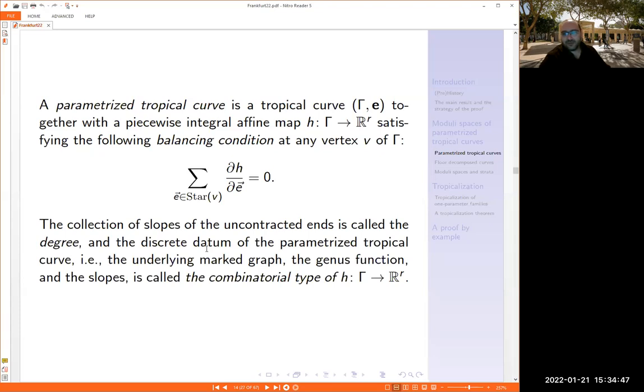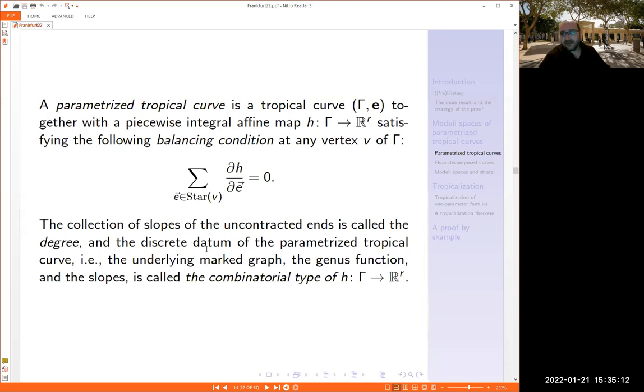And the discrete datum of the parameterized tropical curve is called the combinatorial type of the parameterized tropical curve. The discrete datum consists of the underlying marked graph with marked ends, the genus function, and the slopes. Genus has integral values, so it doesn't vary continuously, and the slopes are integral vectors, so they don't vary continuously either.